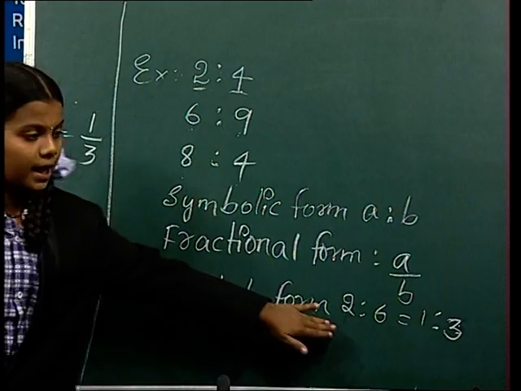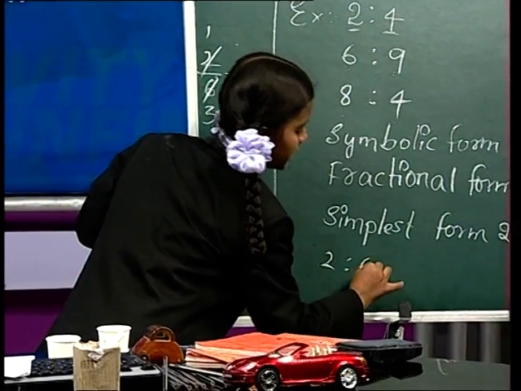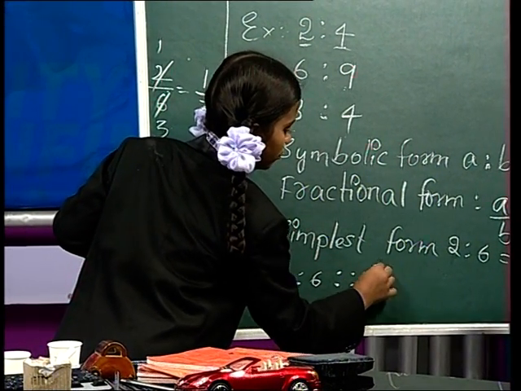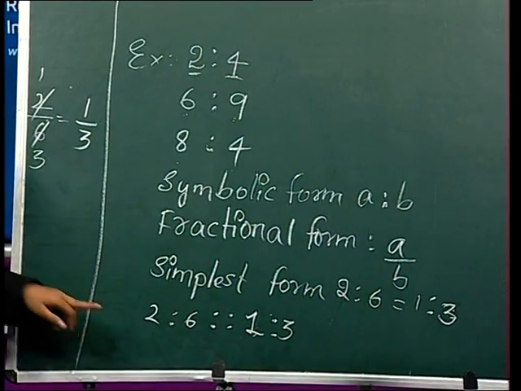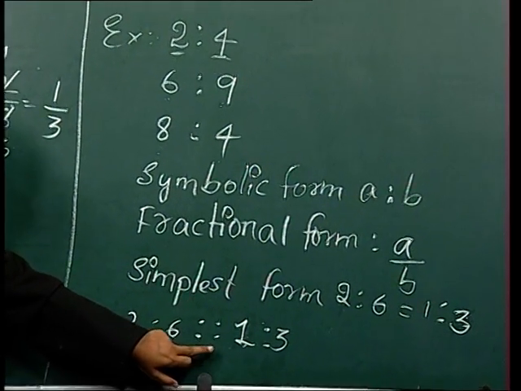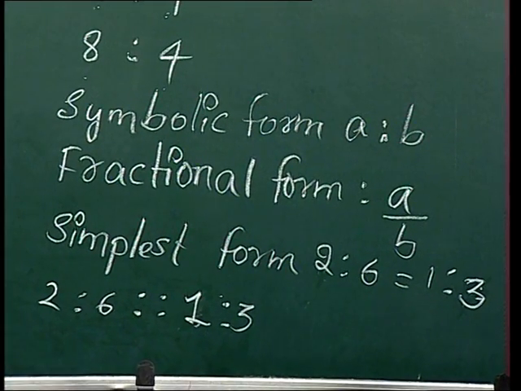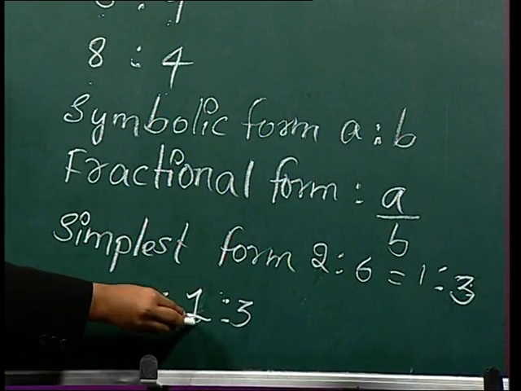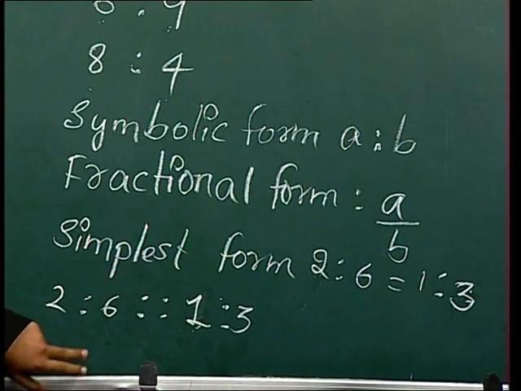These two together we write as 2 is to 6 as 1 is to 3. We read it as 2 is to 6 as 1 is to 3. So the simplest form of 2 is to 6 is 1 is to 3.